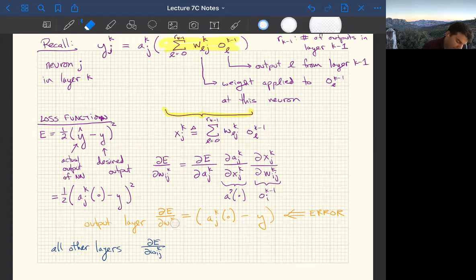This is not with respect to the weights. I apologize for that. This is with respect to the activation function. So this is supposed to be a JK, and as is this supposed to be a JK. So again, I'm just dealing with this portion right here.